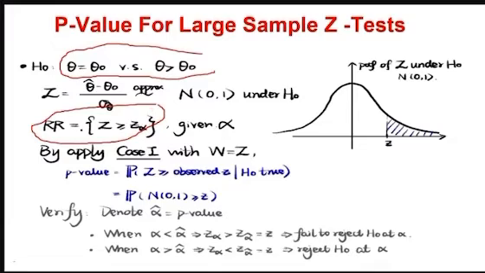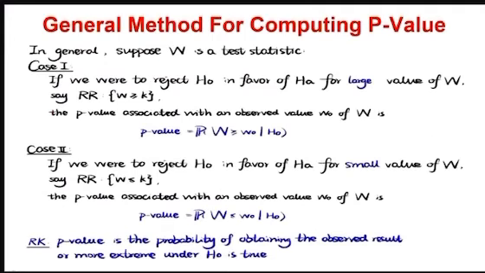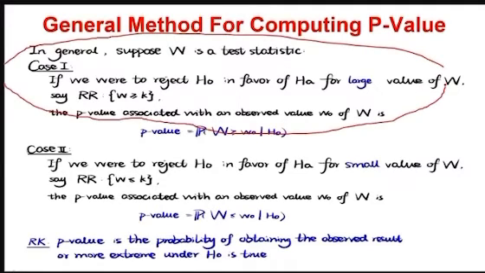Here you're going to apply case one. In case one, we want W to be able to reject the null hypothesis. We want the test statistic to be very large.